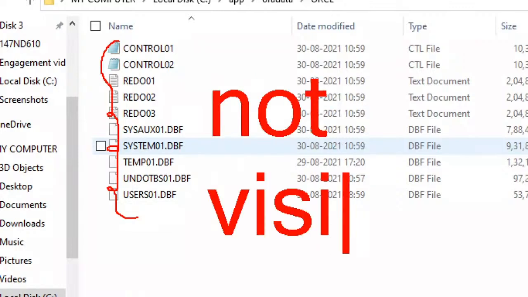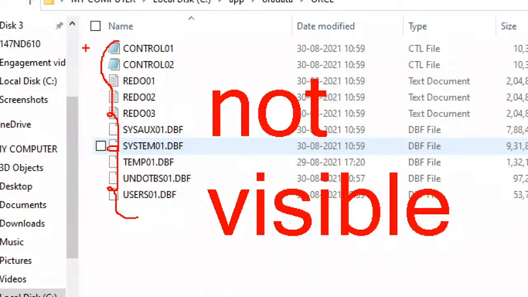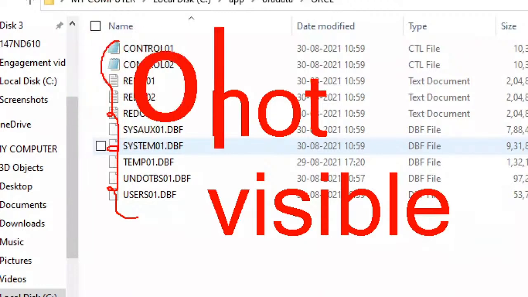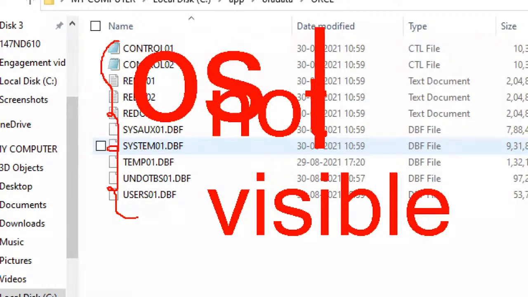Very, very important: tables are not visible in the C drive, D drive like that. Views are not visible in the C drive, D drive, E drive like this. Indexes, functions, procedures are not visible. That is visible in a database, okay, I agree. But unfortunately, that is not visible in the operating system.